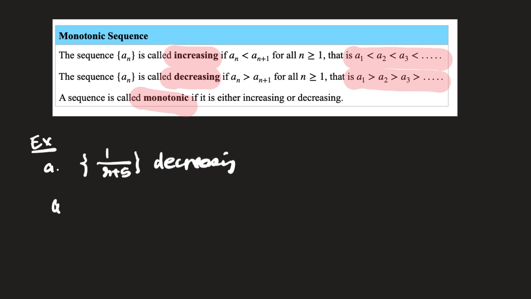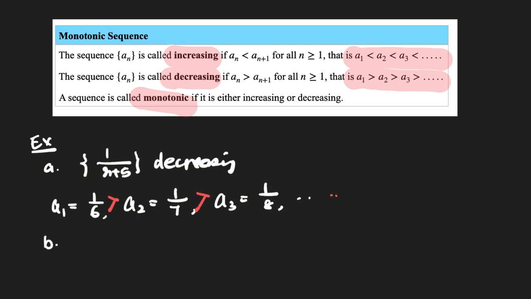The first term A1 is 1 over 6, A2 is 1 over 7, A3 is 1 over 8. The denominator goes 6, 7, 8, so of course this one is decreasing. 1 over 6 is bigger than 1 over 7, and 1 over 7 is bigger than 1 over 8. So you say this is decreasing.